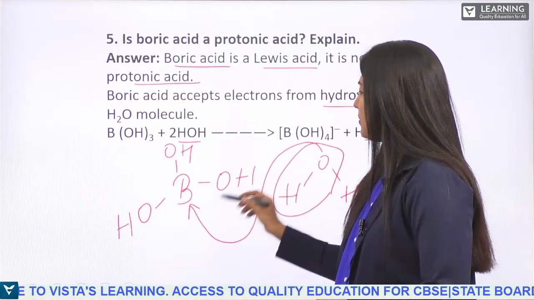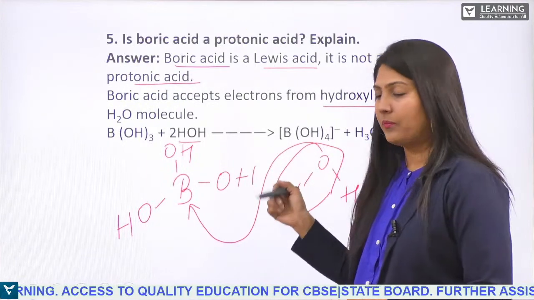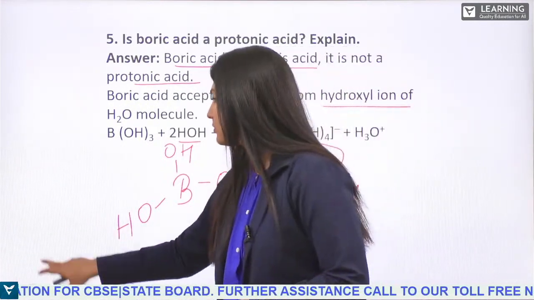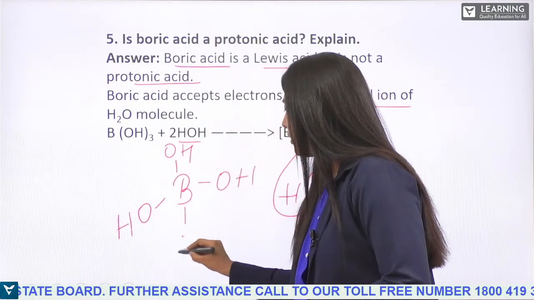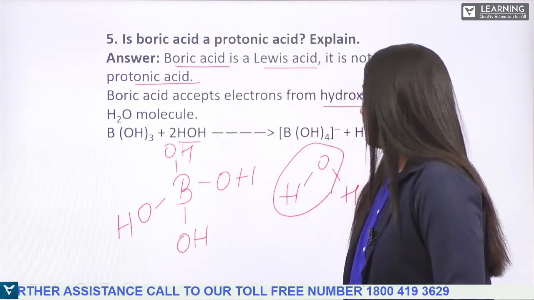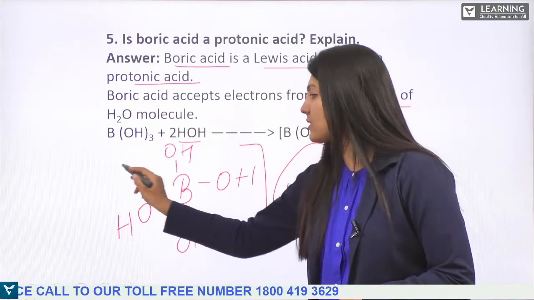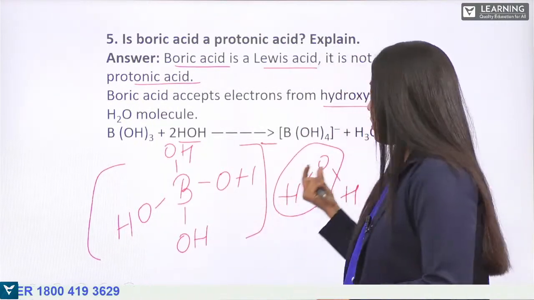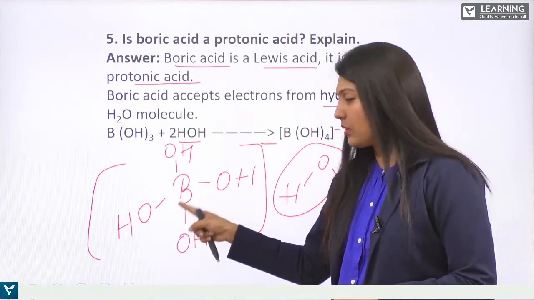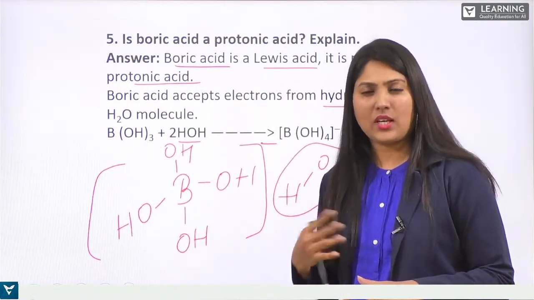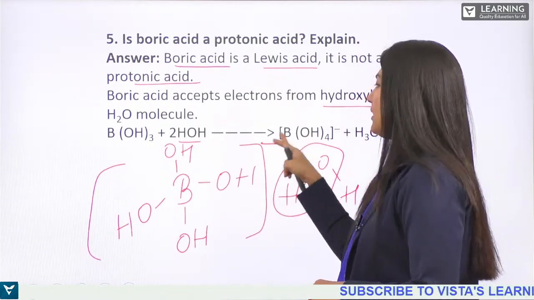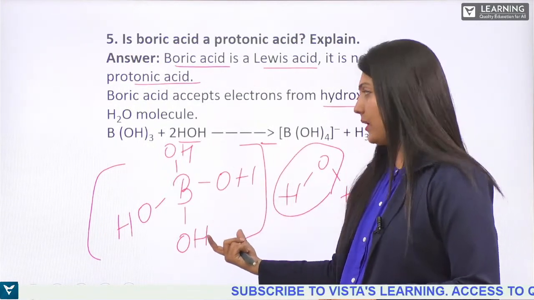So it becomes B(OH)4. One more OH adds to this complex, which has a negative charge. Why negative charge? Because if an extra electron is added to the boron, then we obviously get the negative charge.